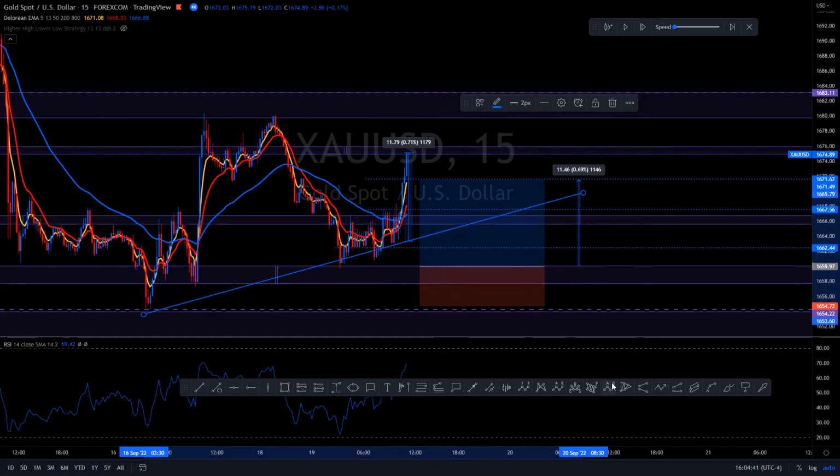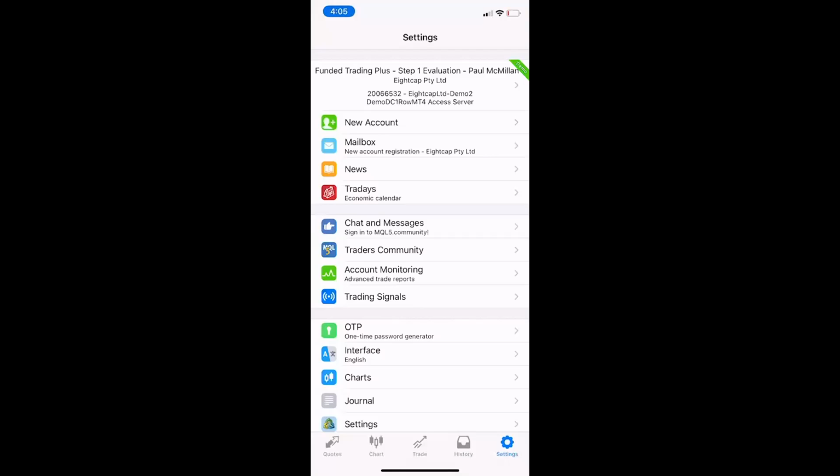I want to show you the results, and then I'm going to move on to another example. Do that now. As you can see, this is my prop trading account with Funded Trader Plus.